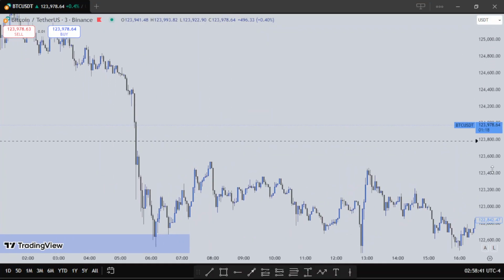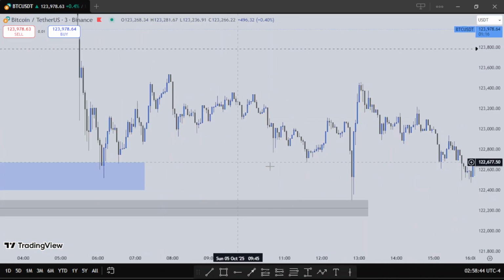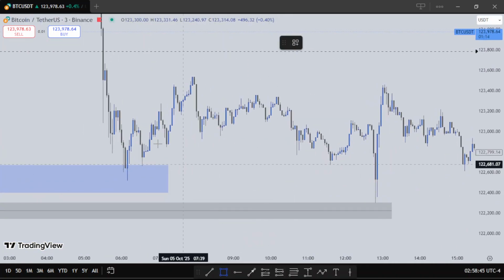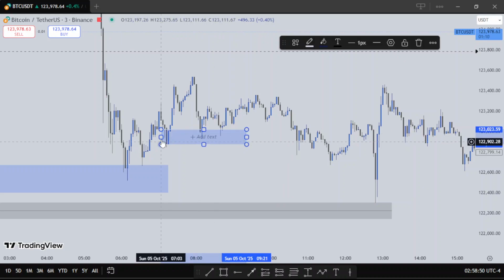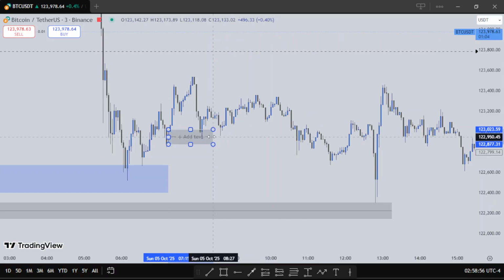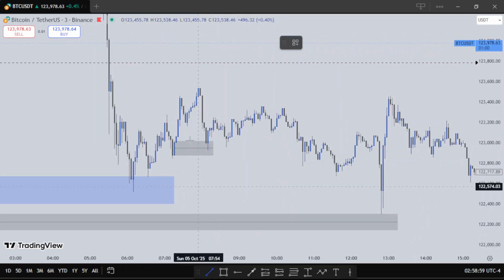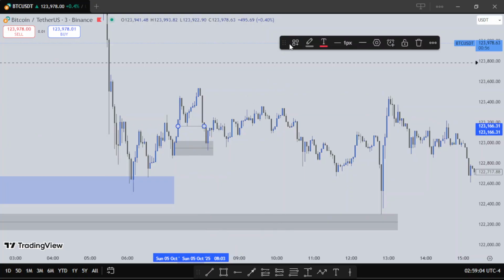So what I did was identify this 3-minute order block, and I used this low as liquidity.